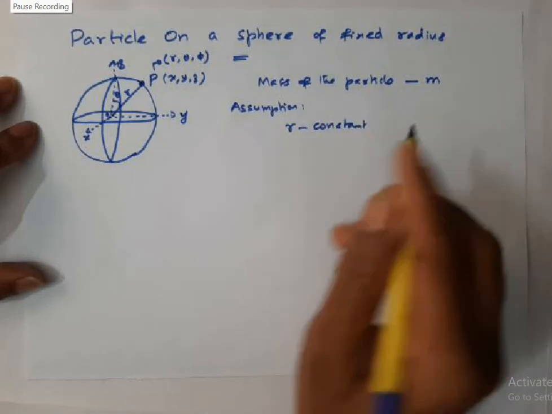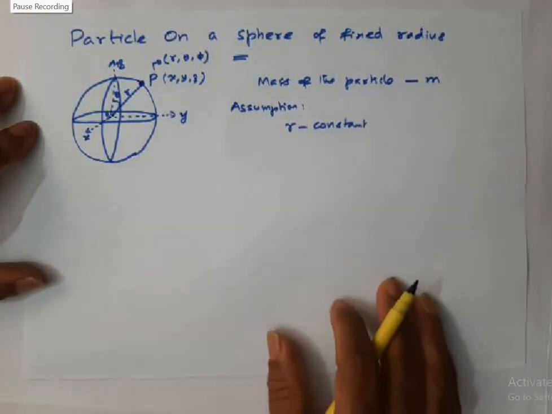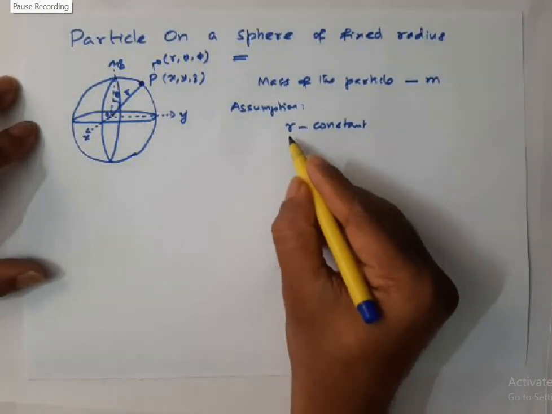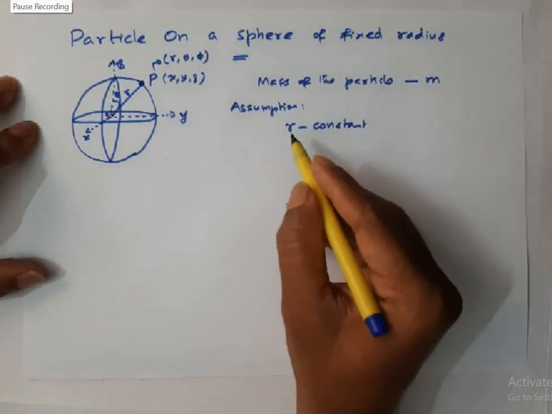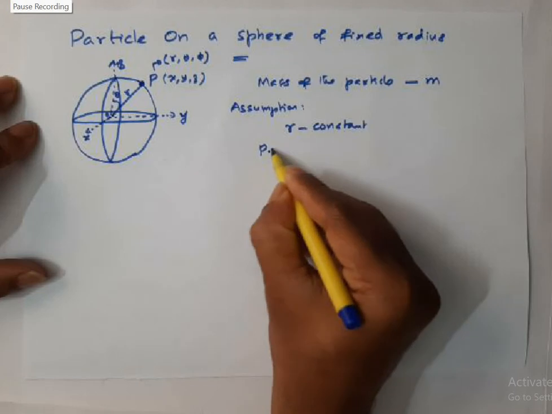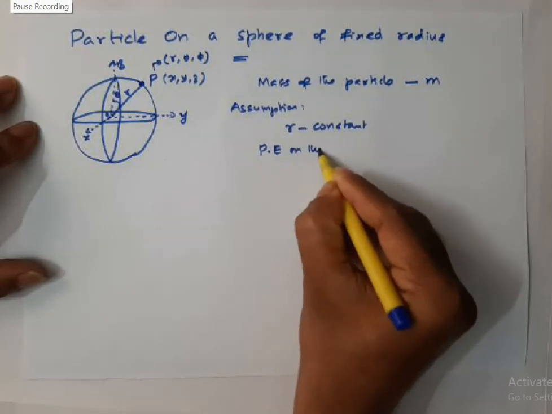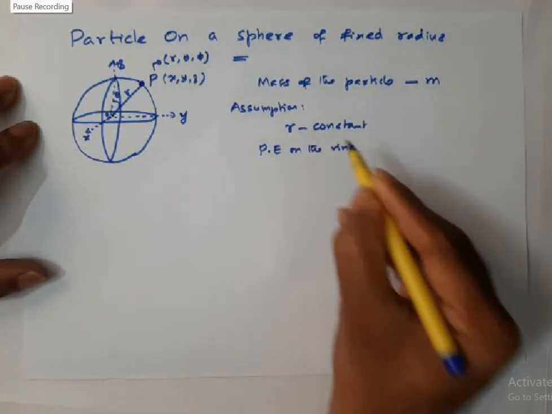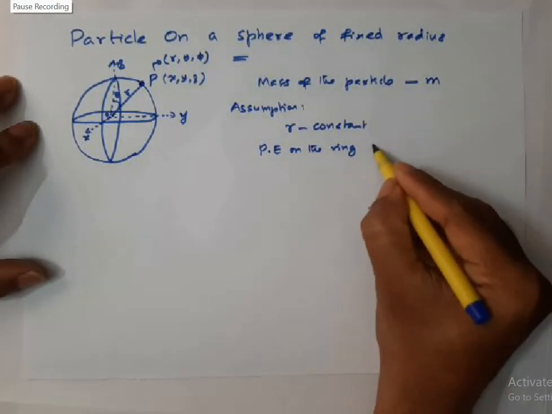R means radius, and the radius is a fixed value. Since r is constant, the potential energy on the ring is a constant.